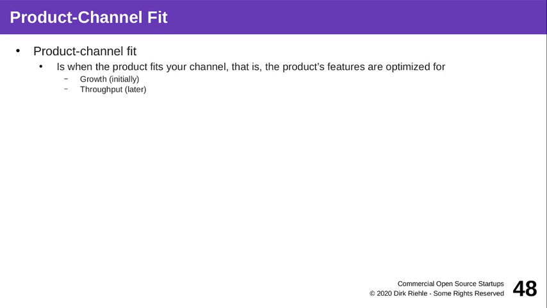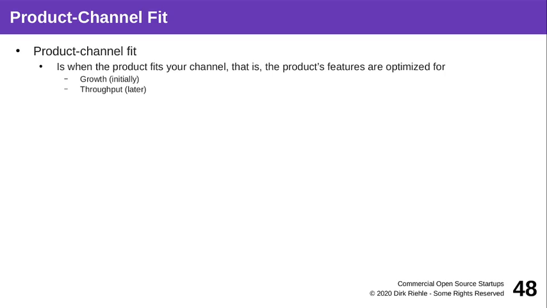And this really is already when your startup is in growth mode. So the basic business model has been validated. You achieved product market fit, and now it's optimization for growth. So you are hacking your growth, as they say. And then later on, the actual throughput of deals as you're maturing a bit more.